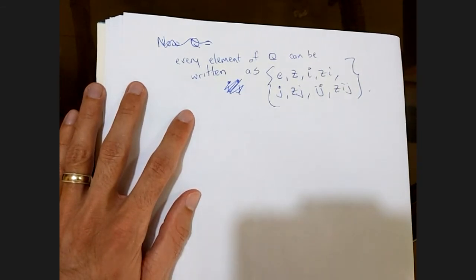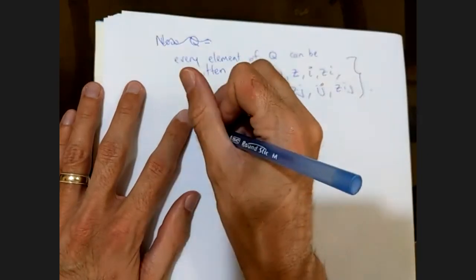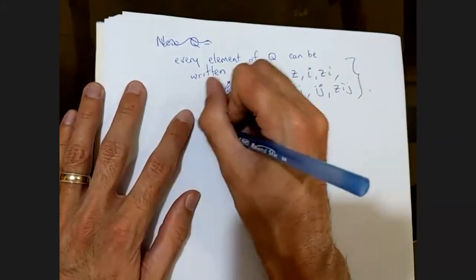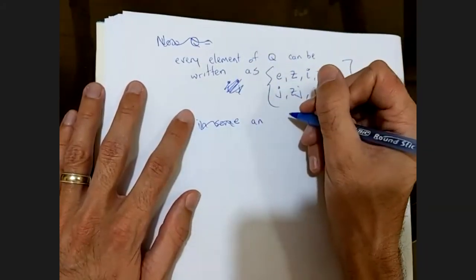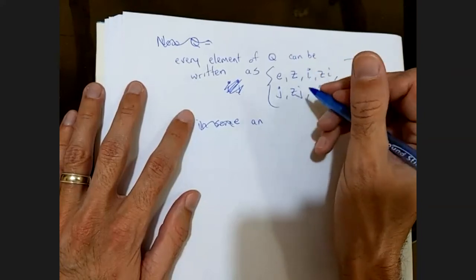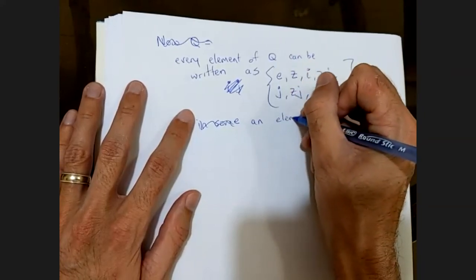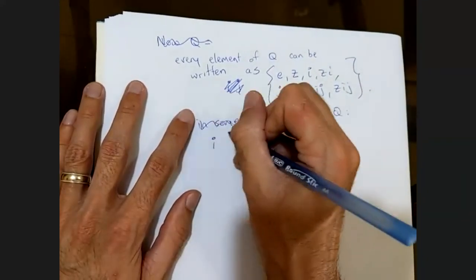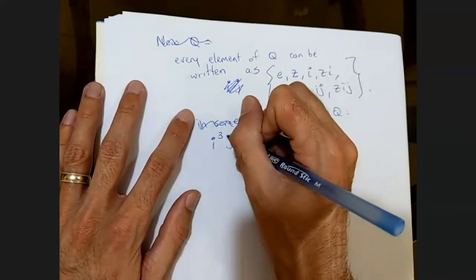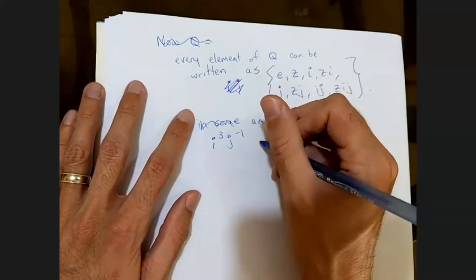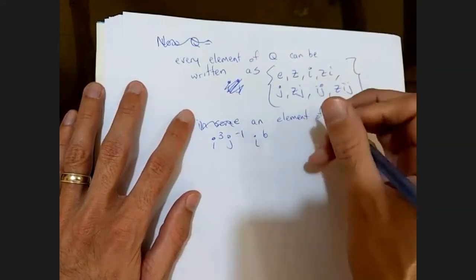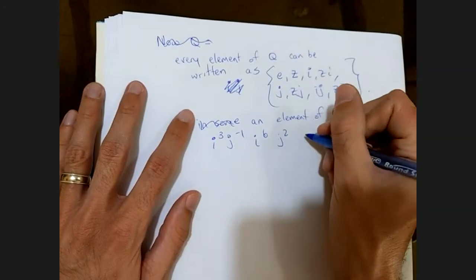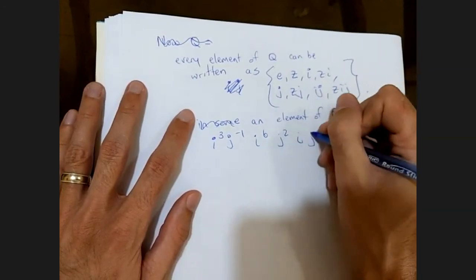Right, and as just an example, here's an element of Q. Might be like i cubed, j inverse, i to the 6, j squared, ij.